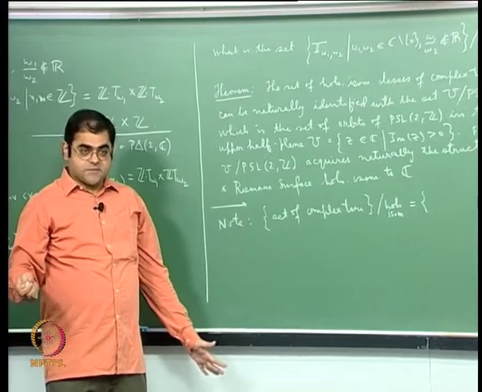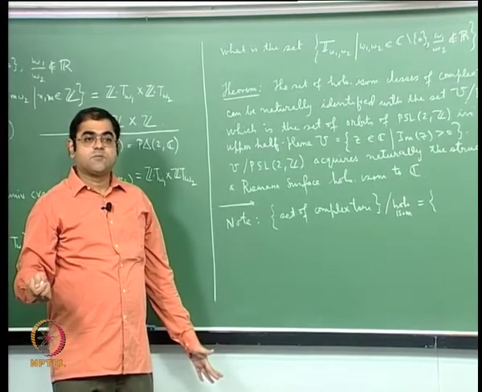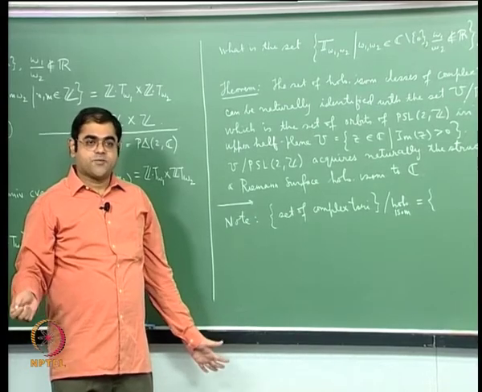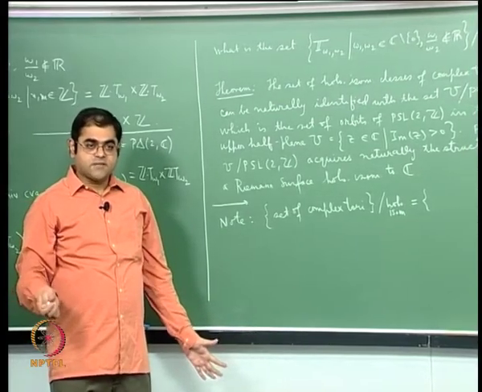If X is a Riemann surface with fundamental group isomorphic to Z cross Z, then X has to be a complex torus. So that is a theorem that we have proved.